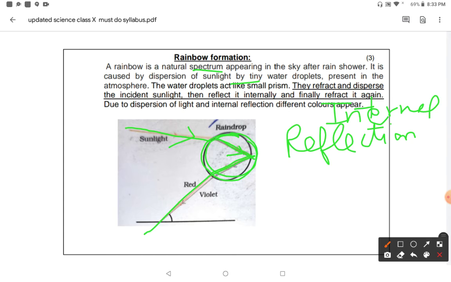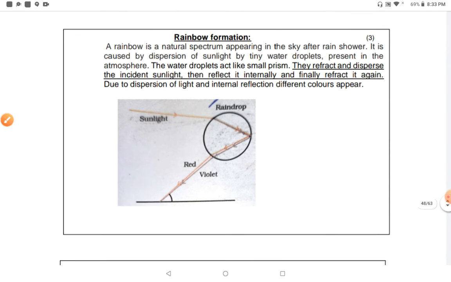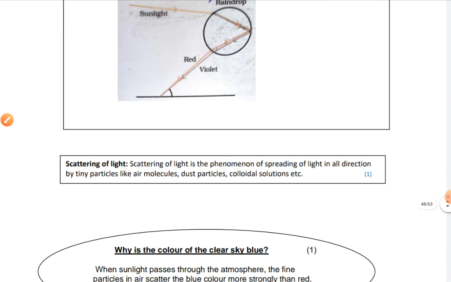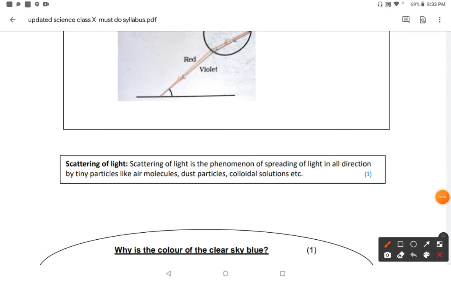Due to dispersion of sunlight and internal reflection, different colors appear in the rainbow, and a rainbow is always formed when the rain stops and sunlight appears. Now what is scattering of light? Scattering of light is the phenomenon of spreading of light in all directions by tiny particles like air molecules, dust particles, colloidal solutions, and so on.